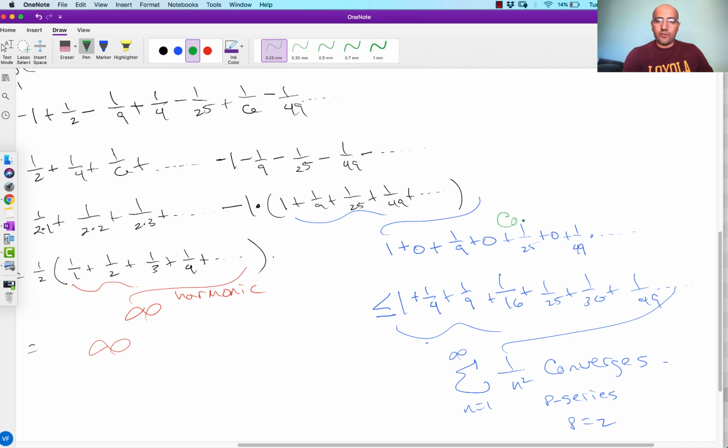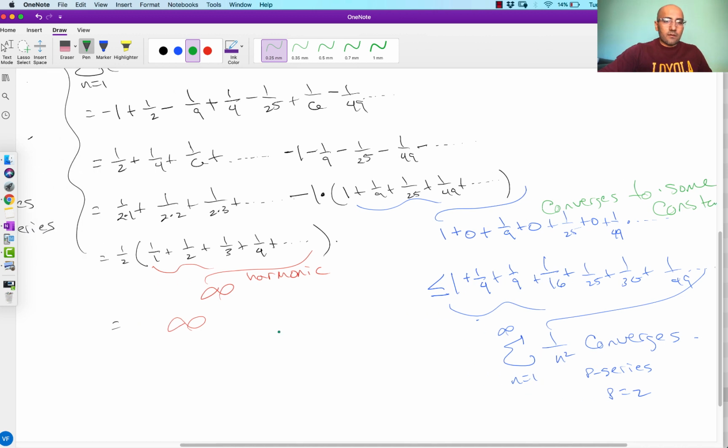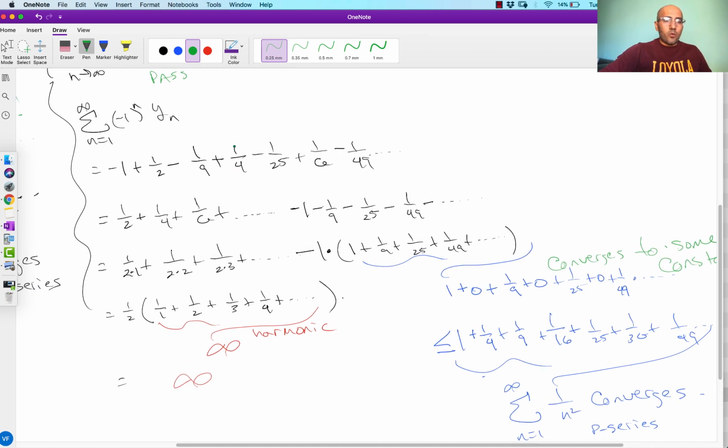So this one converges to some constant, right? This one converges to some constant, and this is just a subset of that one, so it must also converge. Good. Okay. And so what we end up with is, going back to here, we separate this into the pluses and the minuses, and all the pluses just add up to infinity.